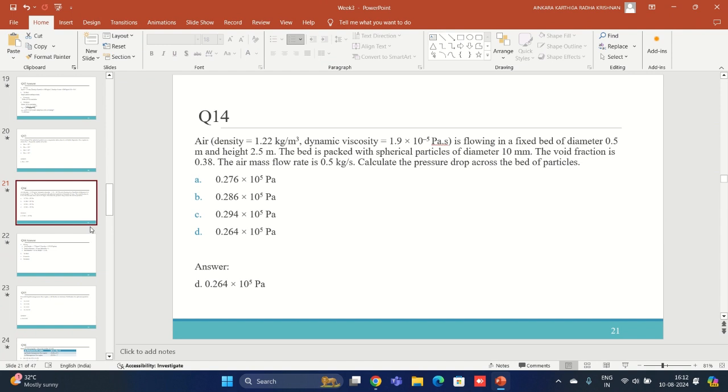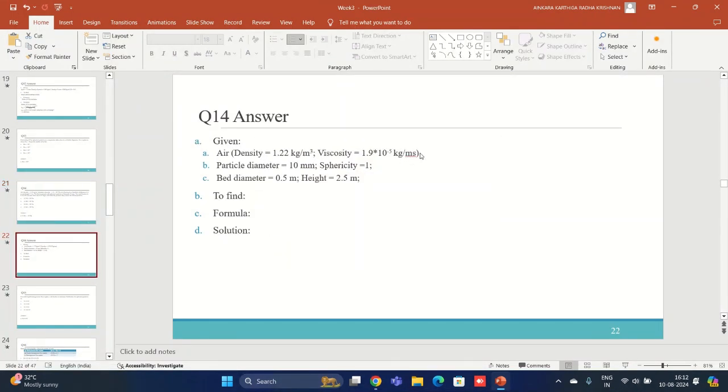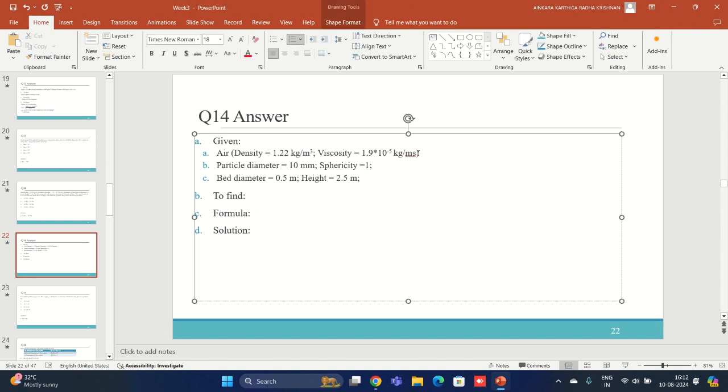And air mass flow rate is 0.5 kg per second, and void fraction is equal to 0.38. So that's all that is given.